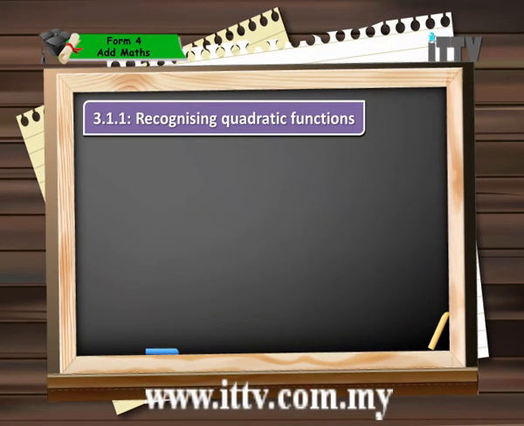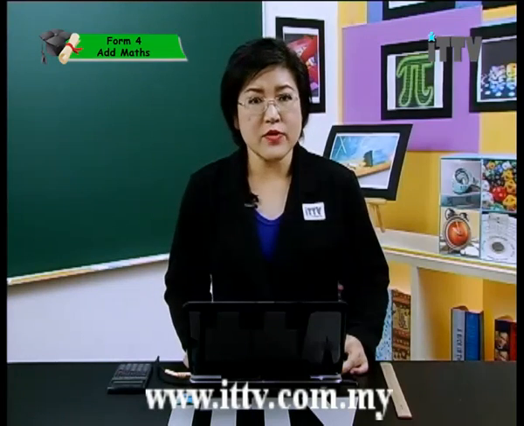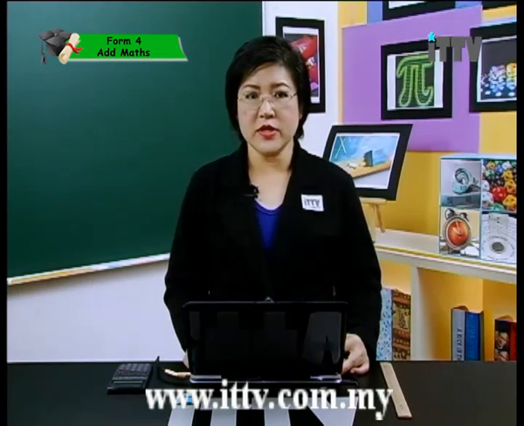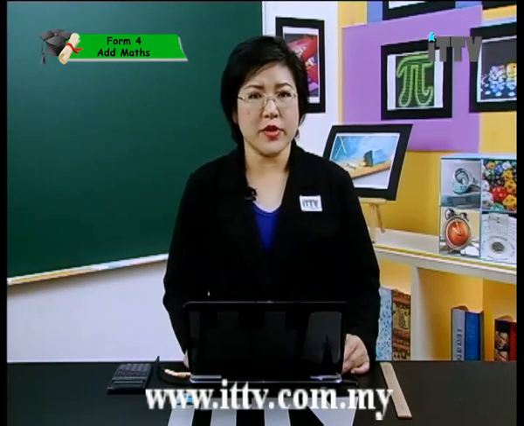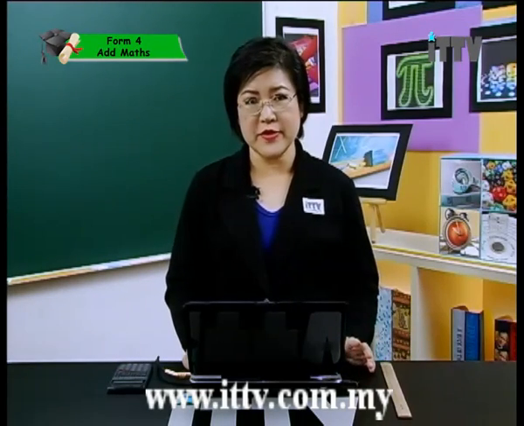Recognizing quadratic functions. A quadratic function is a polynomial function of the form f(x) equals ax squared plus bx plus c, where a is not equal to 0. Do you understand what the word polynomial means, viewers? Well, a polynomial refers to a sum of powers in the variable.